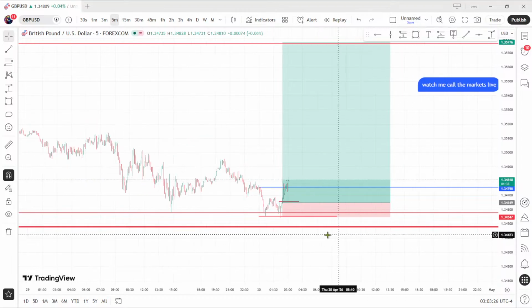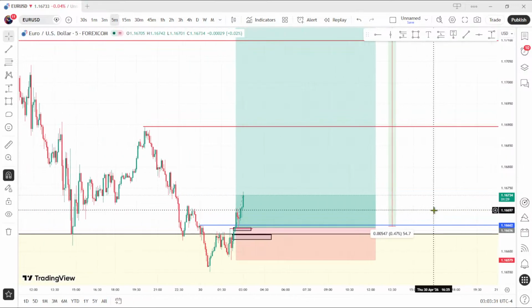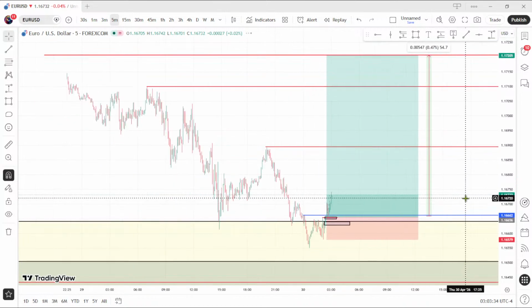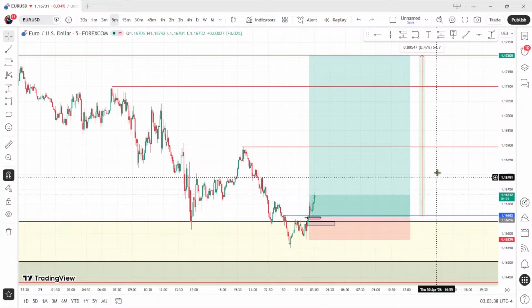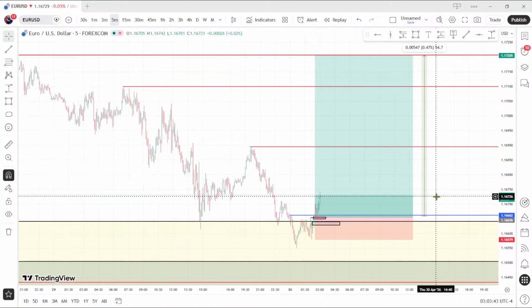The euro is playing out nicely how we have said it. The euro is also playing out nicely. Bullish prices. Yesterday I said I'm expecting a bullish close. Playing out nicely how we have said it.